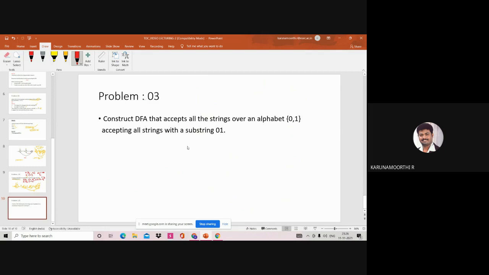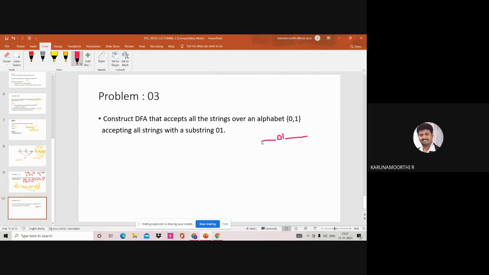So it means, see, 0, 1 is my substring. After this, you can have whatever symbols, that is a combination of zeros and ones. And before 0, you can have a combination of zeros and ones. Okay. So this is the condition.